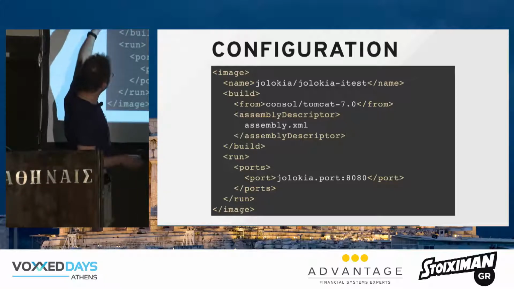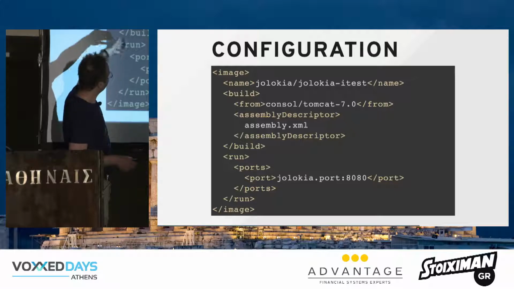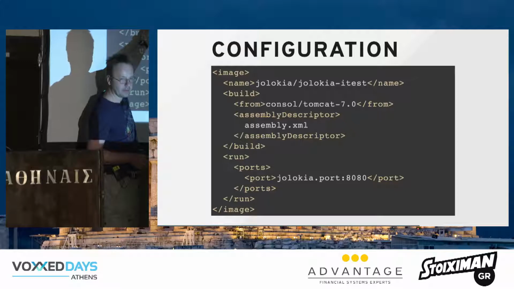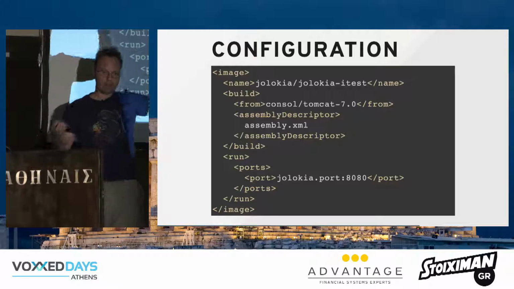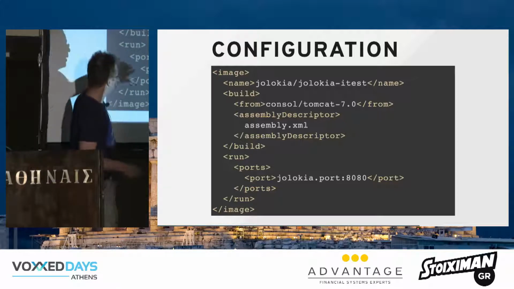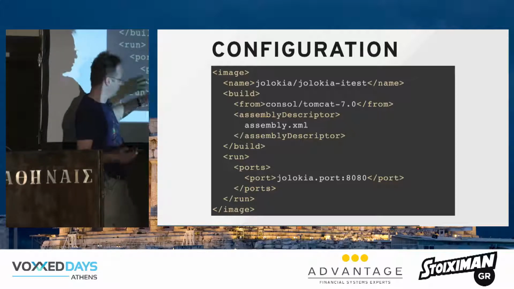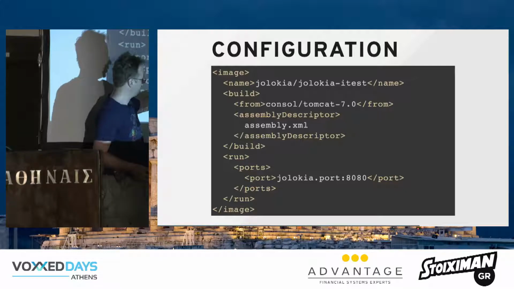You have two aspects, build and run. In the build part, you can define the base image and other stuff. You can use an assembly descriptor, the Maven assembly descriptor format. In the run part, you can define how to start this image when you start it. I will show you this in a second.